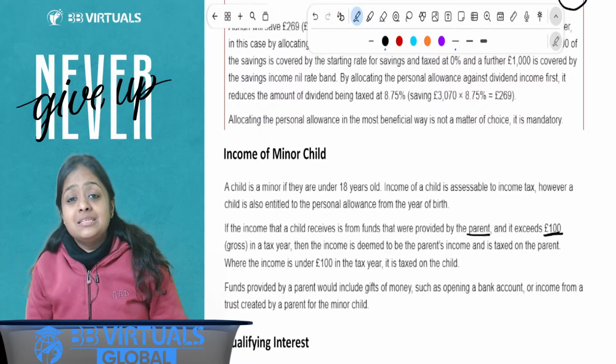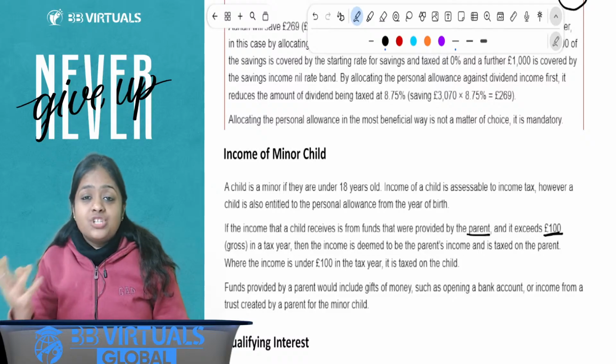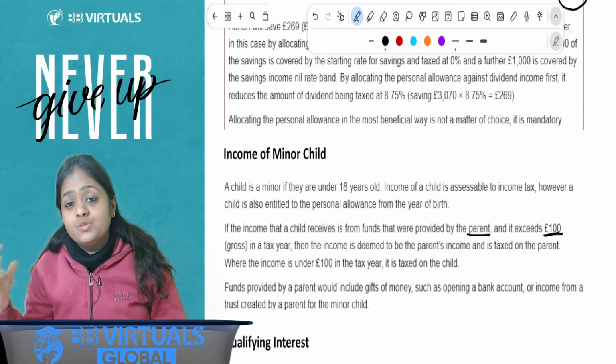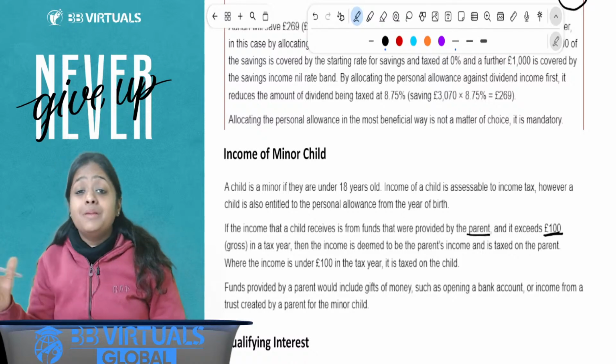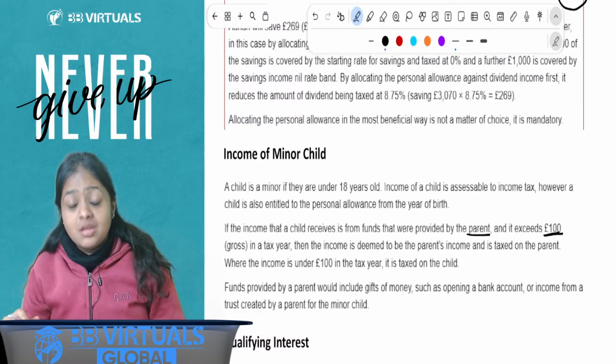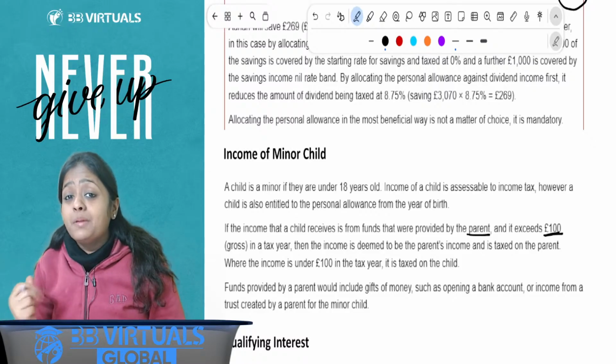But then HMRC says no, it's wrong, because the child is not capable of earning that income. He is not doing any job. If he were earning income based on his capabilities, then he would be paying taxes on it. But now here comes the clubbing provision.